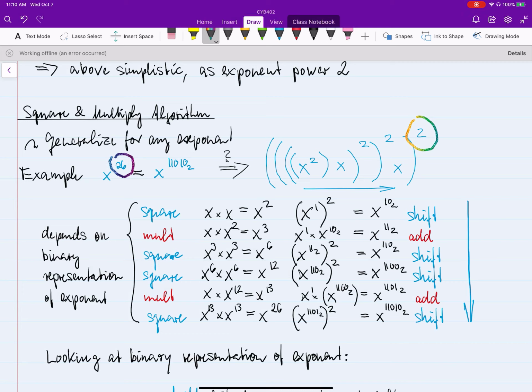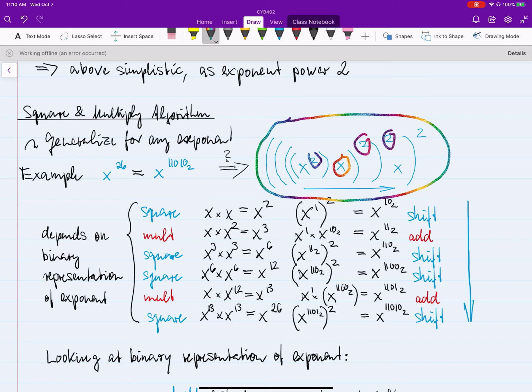It's exactly the exponent that we were shooting for here. So you see that the exponentiation algorithm here is a mixture of multiplying and squaring.